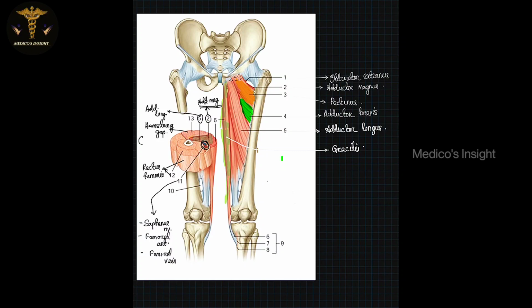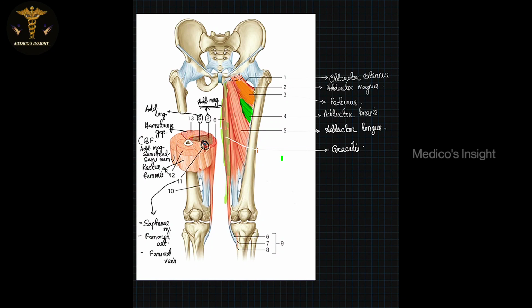There are 4 in the group, that is biceps femoris, which I write in short form, and the adductor magnus, semitendinosus, and the semimembranosus.